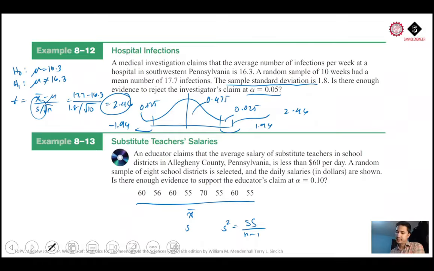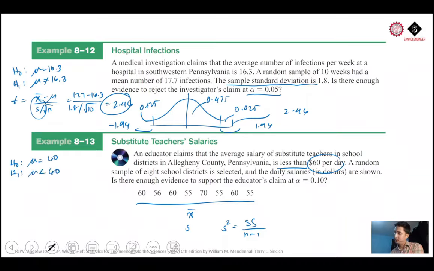First, let's state the hypotheses. Since the claim is less than, we know that the alternative is less than 60. Therefore, the null is 60, and the alternative is less than 60.